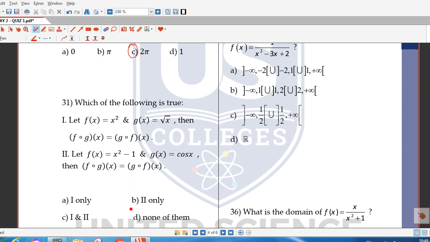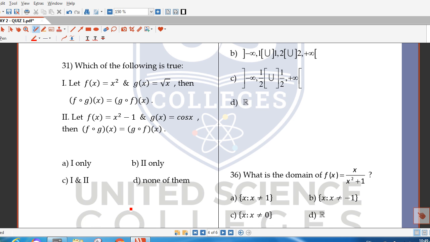Question 31, which of the statements is true? Two different functions are given and we are going to see whether their compositions are equal or not. f of g of x means the g function will be written in the function f, and g of f of x means the f function will be written in the function g.